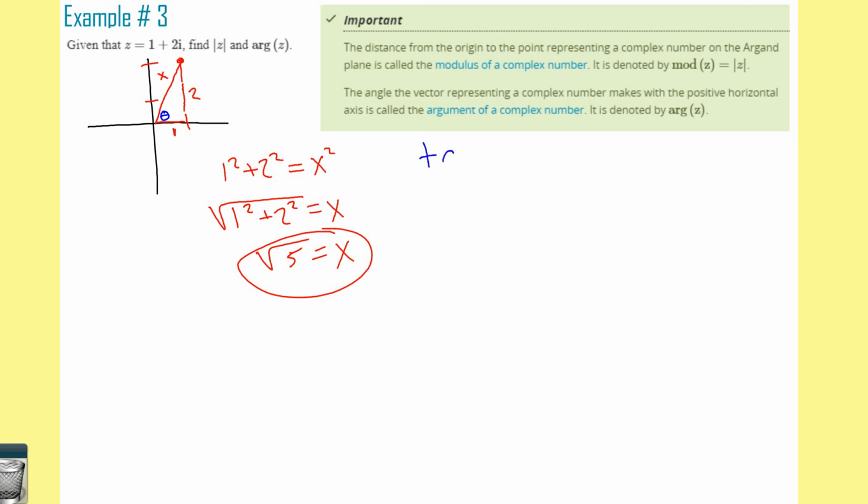Oh yeah, so tangent of the y over the x, what am I doing? Tangent of the angle, I'm jumping ahead. Tangent of the angle is opposite over adjacent. So y over x, or 2 over 1. Okay, the imaginary over the real part. So then to get the theta by itself, we do the arctangent of 2.